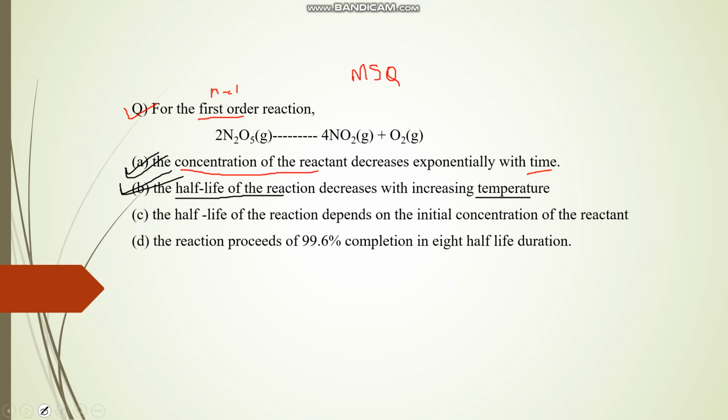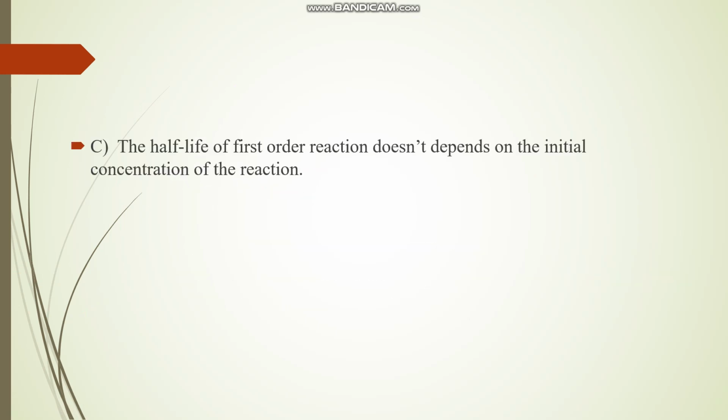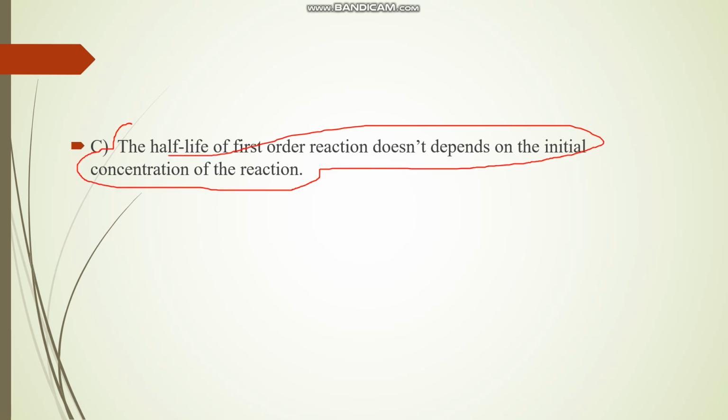Now let's see the third option. The half life of the reaction depends on the initial concentration of reactant. Now this is a very well known fact. Whenever we study chemical kinetics for first order reaction, the concept taught us that the half-life for the first order reaction doesn't depend on the initial concentration of the reactant.